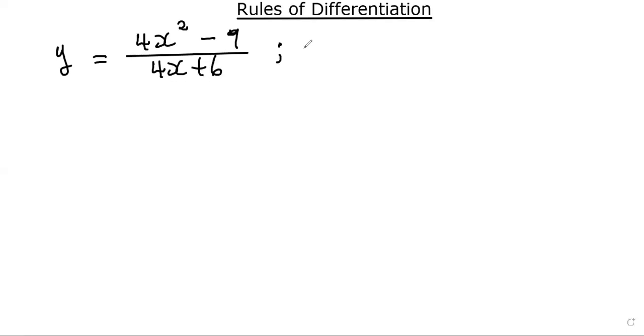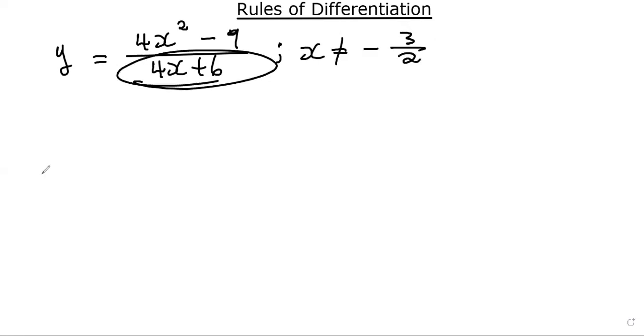And here they give you a restriction. They say the value of x cannot be -3/2. Because when x is -3/2, the denominator will be 0, and division by 0 is undefined.